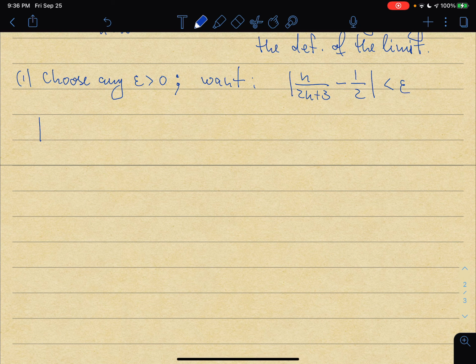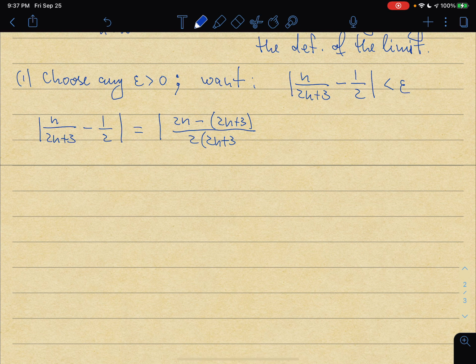So n over 2n plus 3 minus 1/2. That is 2n minus 2n plus 3 over 2 times 2n plus 3, absolute value.